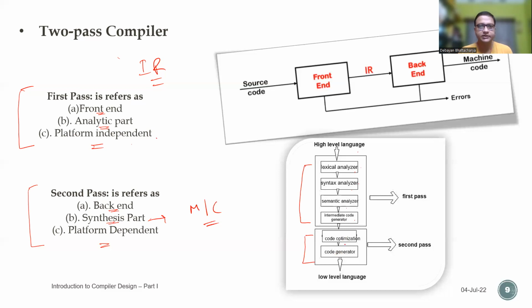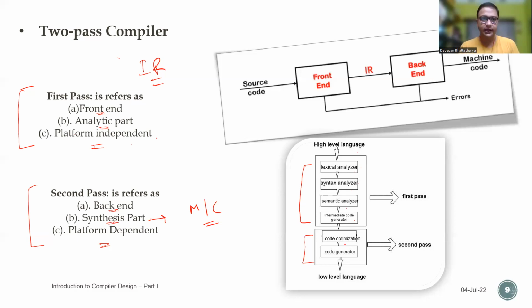So nowadays, most compilers follow the two-pass design, which has two steps. In the first pass, it takes the program written in a high-level language and analyzes that source program, syntactically and semantically.